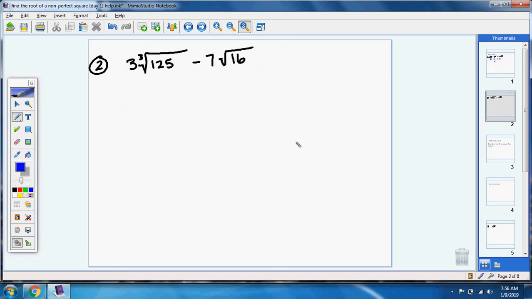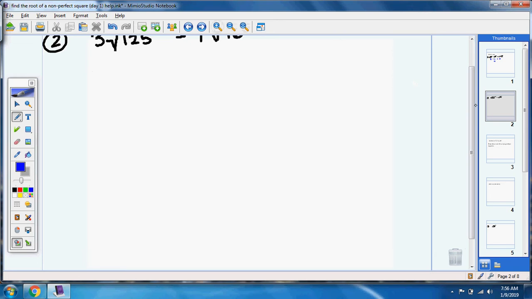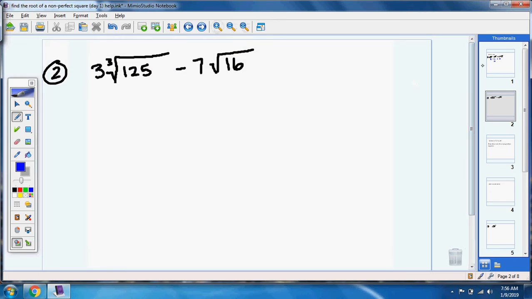All right, write down your second warm-up problem. Again, when you have the number in the front with a 3, that's 3 multiplied, kind of like 3x, which is 3 multiplied by the value of x.